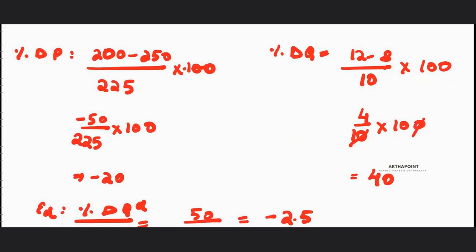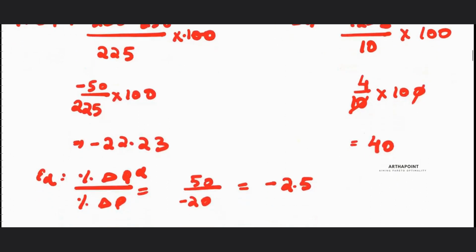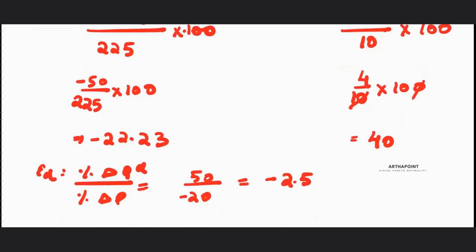This will be 5,000 divided by 225, so you will get 22.23. And the answer would be the percentage change in quantity demanded, which will be 40 by 22.23. So this will be 1.79 or 1.80.